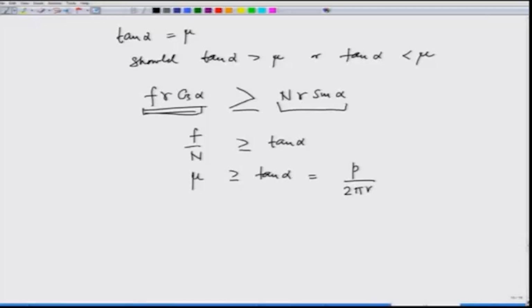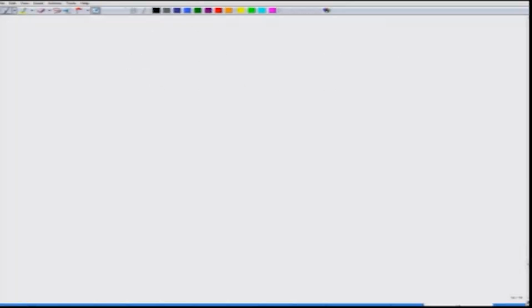So, for a screw of radius r, we should have P, the pitch, less than 2 pi r mu in order that the screw jack does not slip back, or the frictional coefficient should be large enough so that the screw does not slip back. Let us solve an example of this.